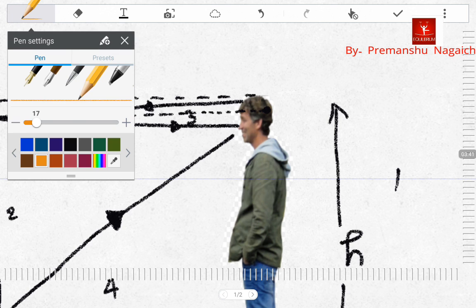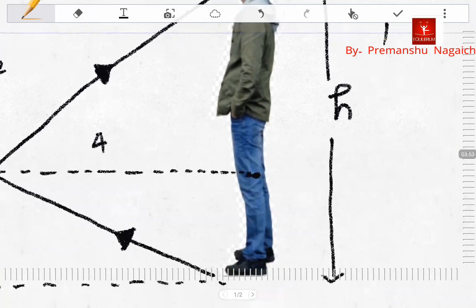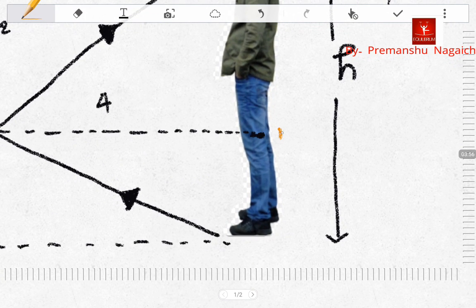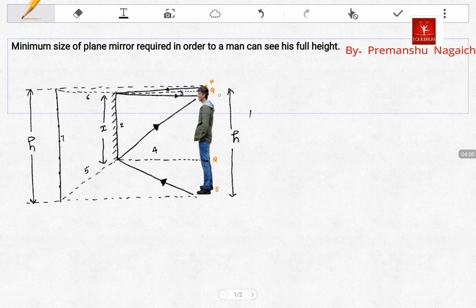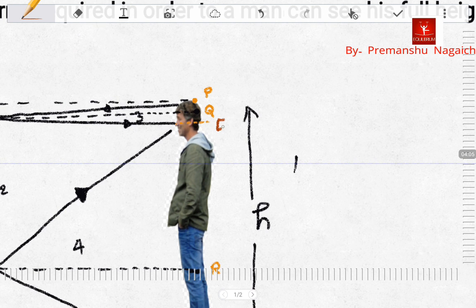Let's change the color. We start from here: P, then Q, this should be R, then S. So P, Q, R, S, and this point is his eyes. So we give it the name E, E for eye.